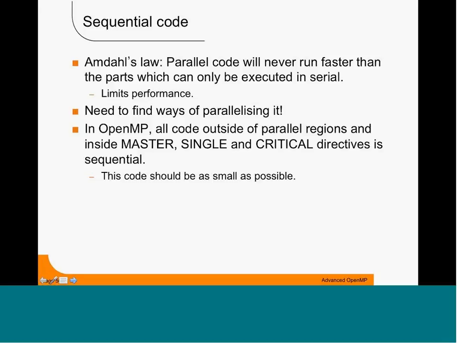Because if your serial code is run by only one thread or one core, then you won't see the performance improvement. Let's say, for example, you have 100 lines of code, and out of that only 20 are in parallel, which take 20% of the time. You still do not see the improvement in your performance because still 80% of the time is going to be spent in serial code.